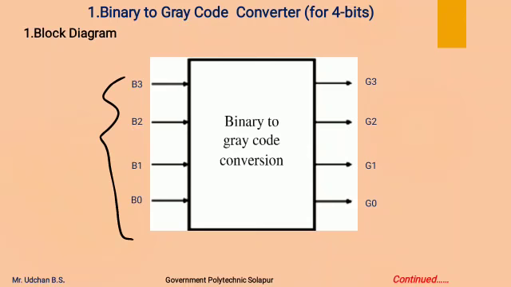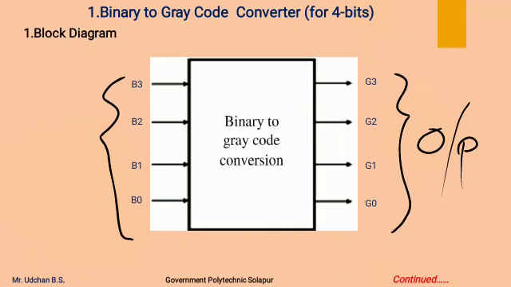These are the binary inputs, 4 bits from B0 to B3, and these are the outputs, 4-bit outputs, from G0 to G3.